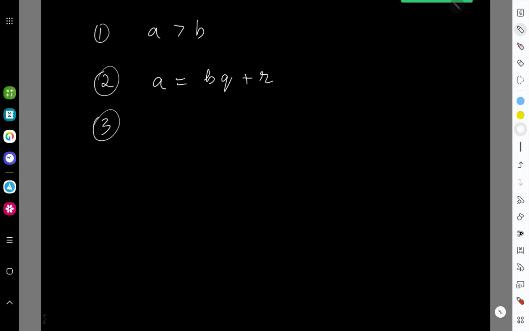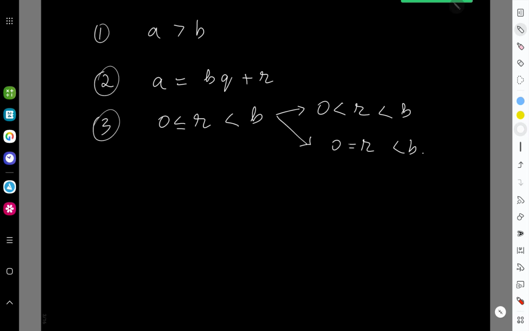And the third thing is the condition that is mentioned, that is the remainder should be greater than or equal to 0, but it should be less than the divisor. I would like to break down the third pointer into two. The first: the remainder can be greater than 0, but it should be less than the divisor. And the second condition, it can be equal to 0, but it should be less than b.